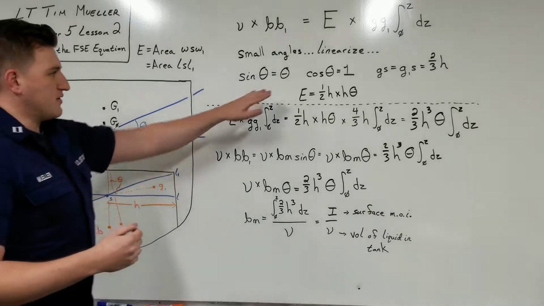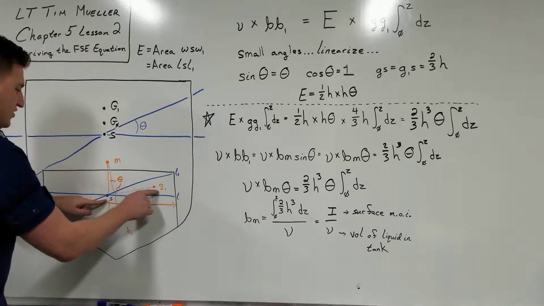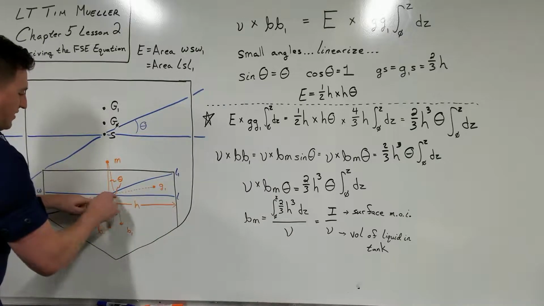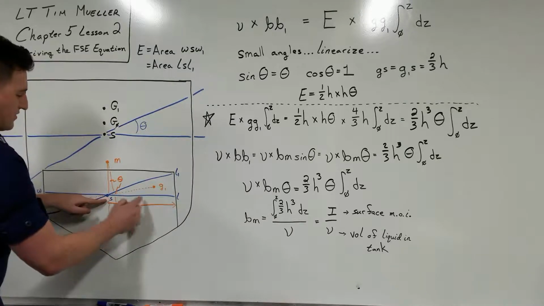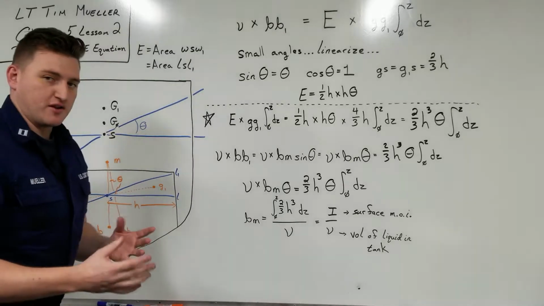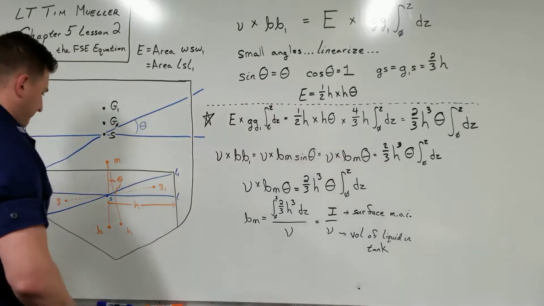But if cosine of theta equals 1, then we know that this length, G1S, equals this one right here, S to this point, assuming linearization is accurate, which means that cosine theta equals 1.